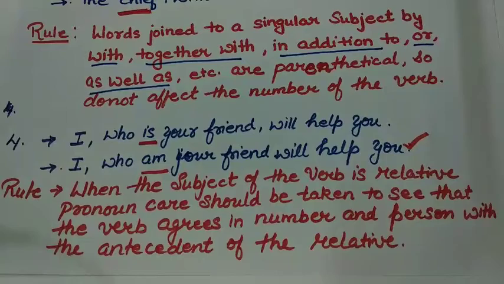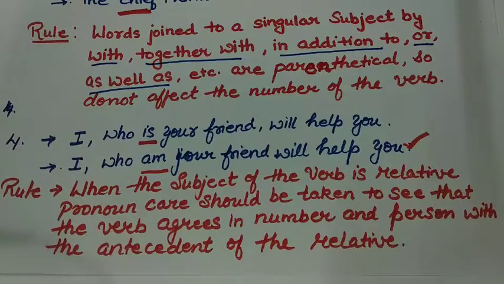Now why? According to the rule, when the subject of the verb is a relative pronoun, like who is a relative pronoun, care should be taken to see that the verb agrees in number and person with the antecedent of the relative.